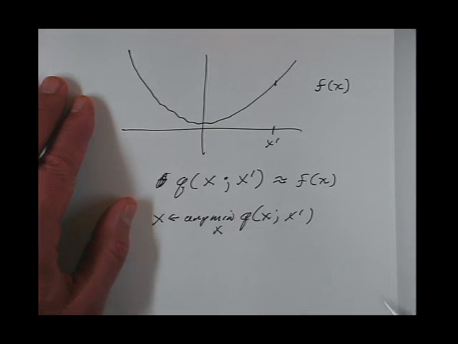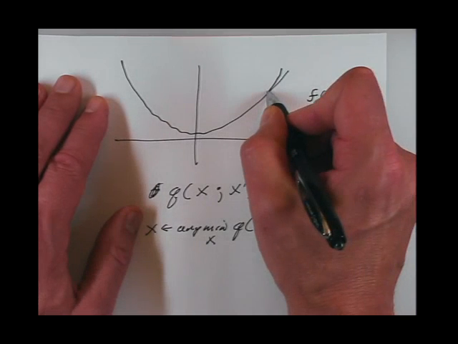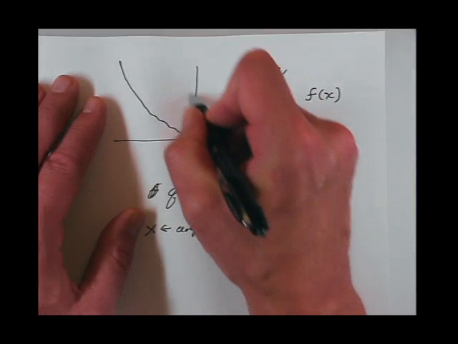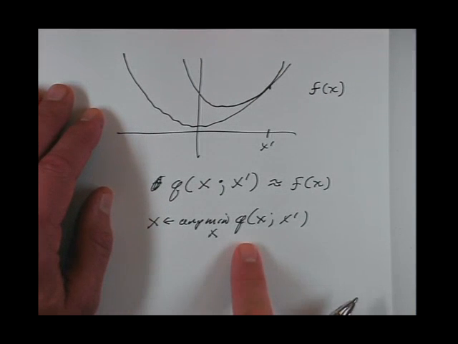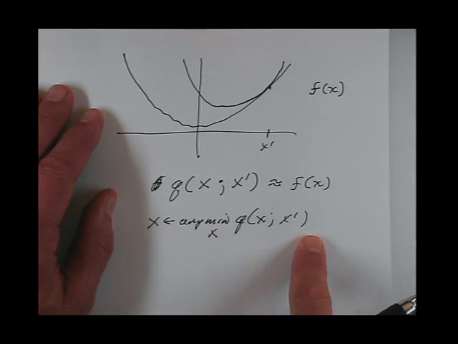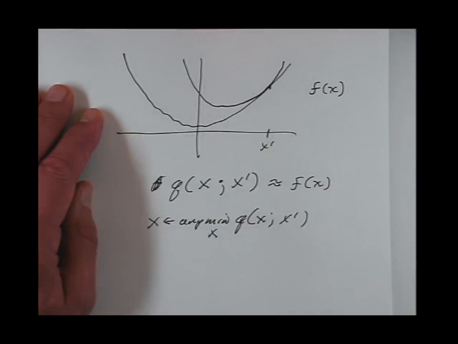So the trick is this. I'm going to have a function and I'm going to approximate it. If I know two conditions hold, then I can be guaranteed that by doing this approximate update, I'm going to get something that is better in the sense of minimizing this function. These are the two conditions.